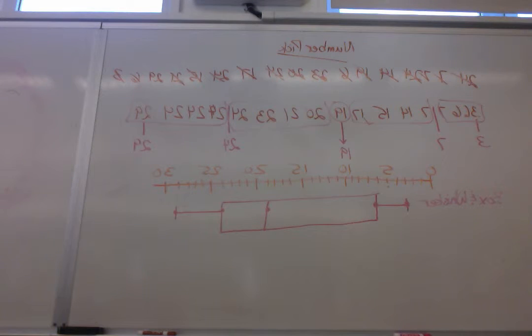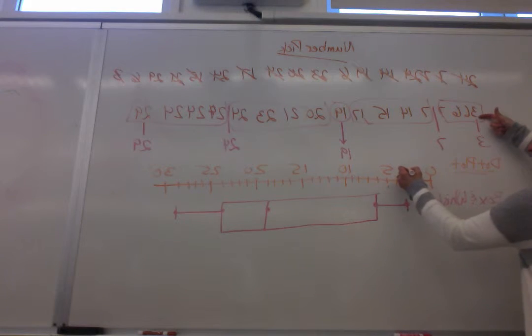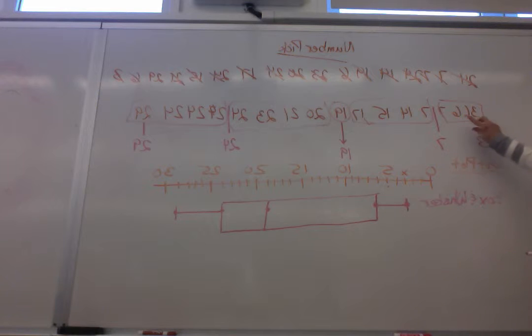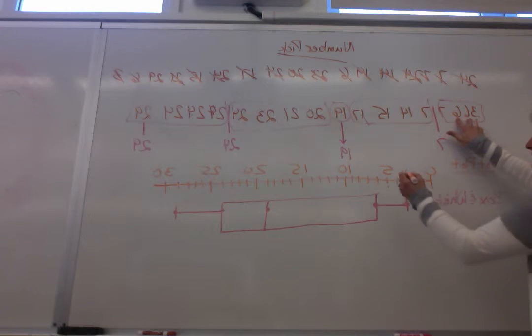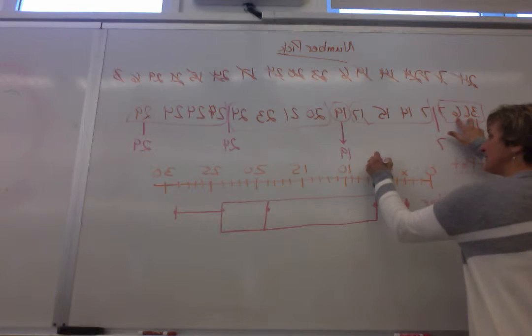Now, we're going to make a dot plot. I don't know why they call it dot, because you use X's, right? But for the dot plot, we go right here, and I need to put 1 X at 3. I need to put 2 X's at 6, and I stack them.